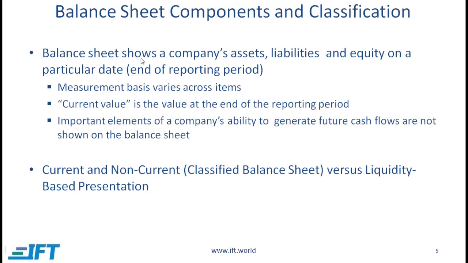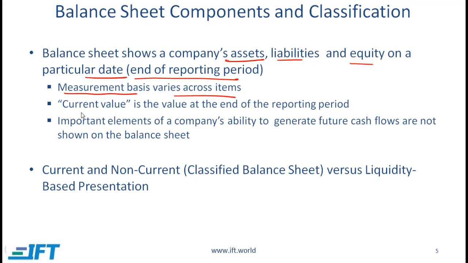The balance sheet shows a company's assets, liabilities, and equity on a particular date, which is typically the last date of a reporting period. As mentioned before, the measurement basis varies across items. This makes life interesting for the financial analyst who needs to understand the measurement basis for every single item on the balance sheet.